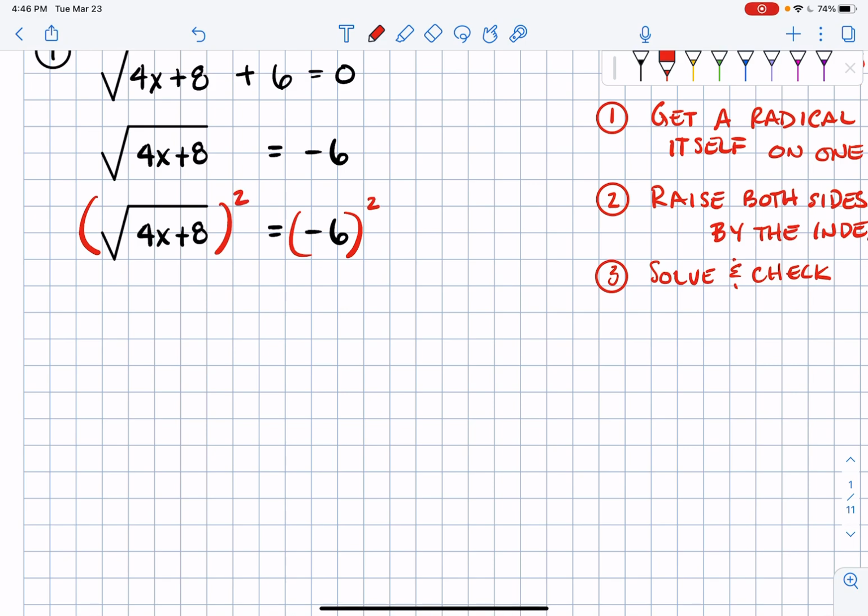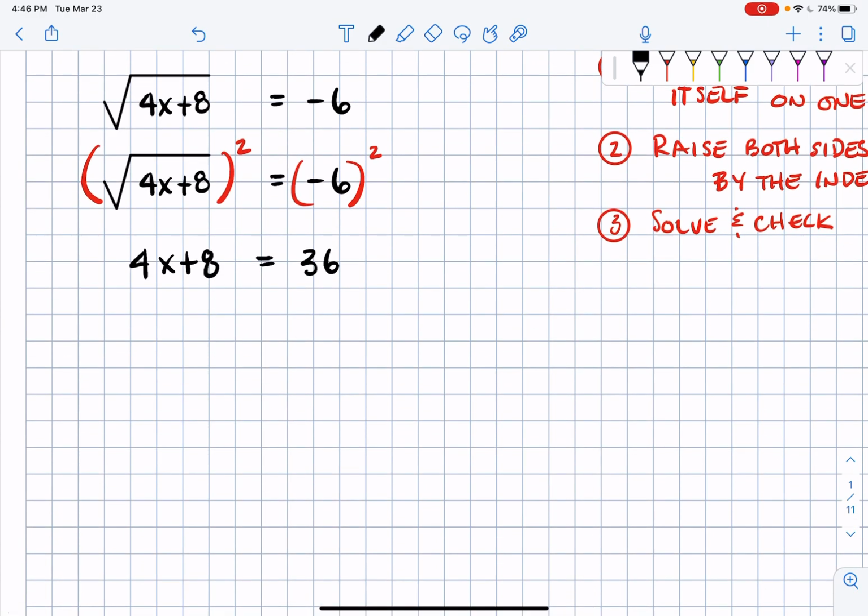So I'm squaring both sides, because square root and squared are opposite operations of each other. On the left side, the square root is going to disappear because it cancels out with the squared. So I'm left with just 4x plus 8 equaling 36, because negative 6 squared is negative 6 times negative 6, so it's positive 36.